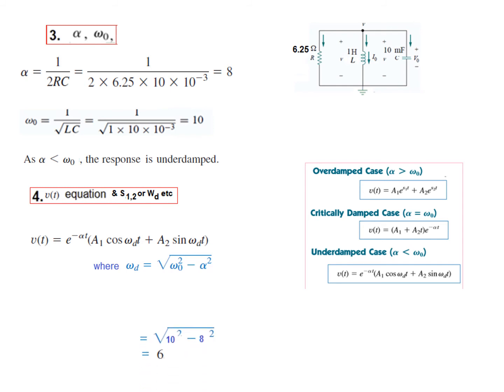So we plug in the value of omega naught and alpha. So we get omega d or Wd is equal to 6. And now putting the value of alpha in the general equation and Wd, this is our general equation. Wd we have put in 6.